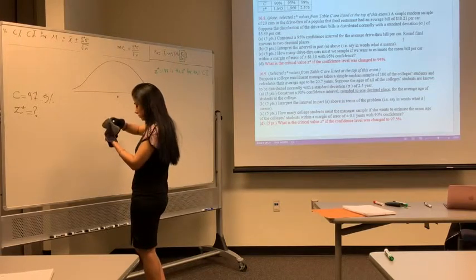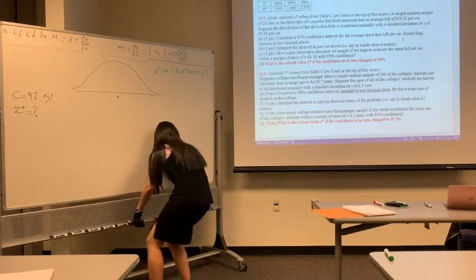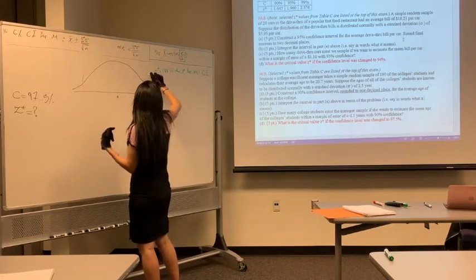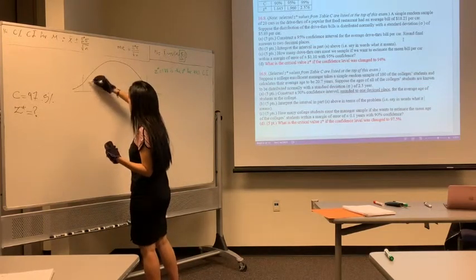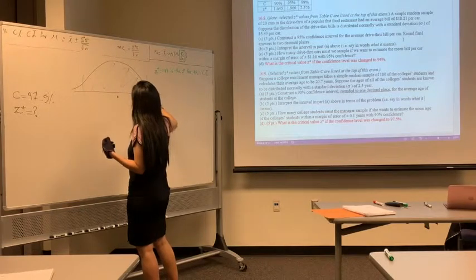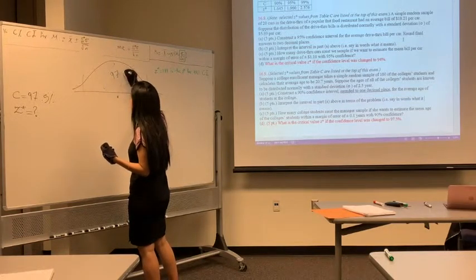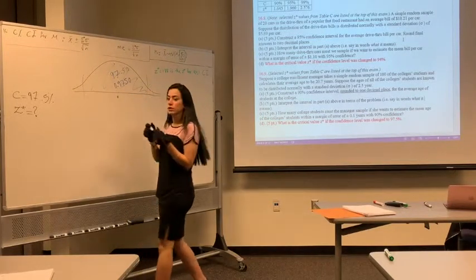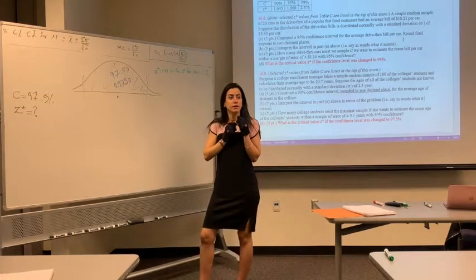Then this should be much bigger than the previous one, like maybe here. So all the area in the middle is 97.5%, which is 0.9750, right? Correct?